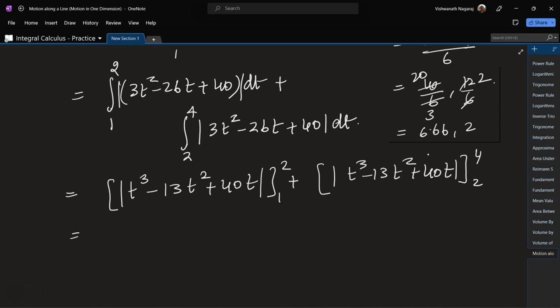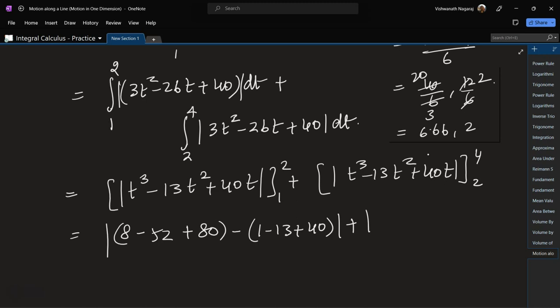Okay, now this will be 8 minus 13 times 4 is 52, plus 80, minus 1 minus 13 plus 40. Always better to write it fully, because doing it in your mind, you might make a mistake.